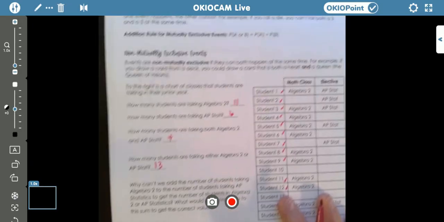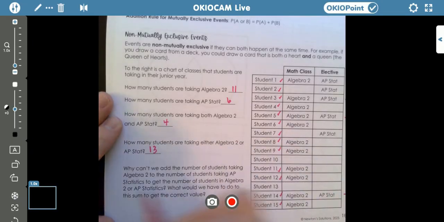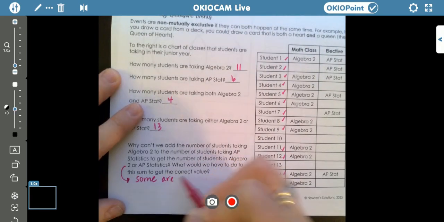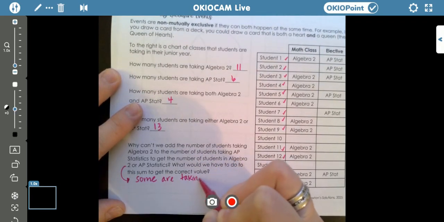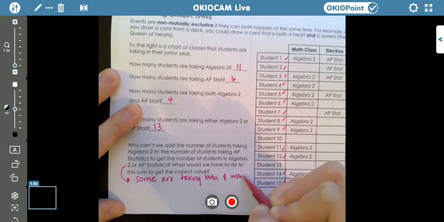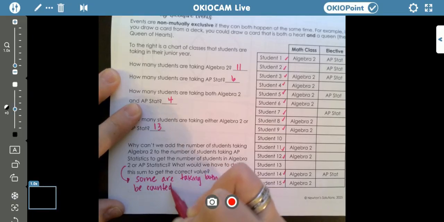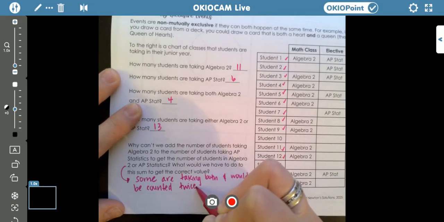So then the next question is, why can't we add the number of students taking Algebra 2 to the number of students taking AP Stats to get the number of students in Algebra 2 or AP Stats? Why can't we do that? Well, the answer is some are taking both and would be counted twice.